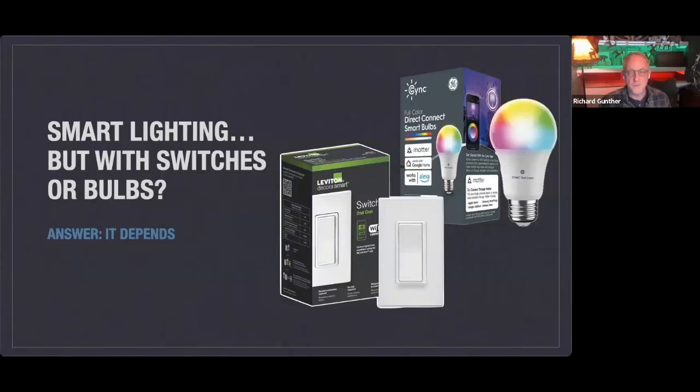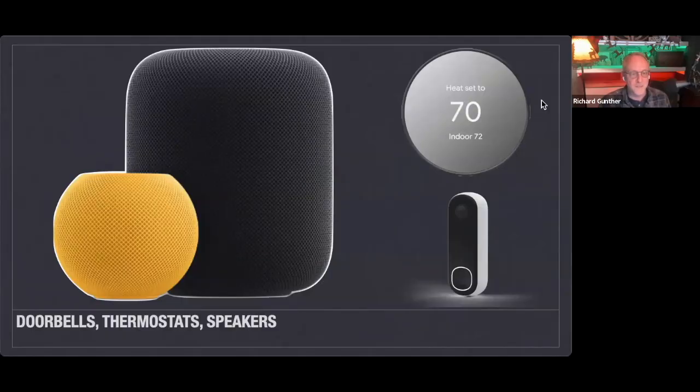Now, there are other areas where there are lots of devices available, and they're pretty good entry points. Smart speakers is one of them. Of course, I would imagine that many of you probably already have either a HomePod or some AirPlay 2 compatible speakers around your home.